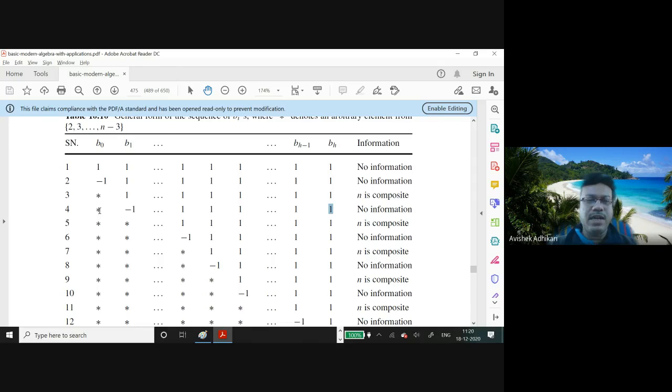You will get a star, or from 1, you will get a star. That means the square root of 1 has some non-trivial solution, which is not 1 or -1. When will that happen? Only if n is a composite number. As a result, your conclusion will be that the number is composite. But if it happens, for example, that here you have 1 and then -1, and then from here you get a star.